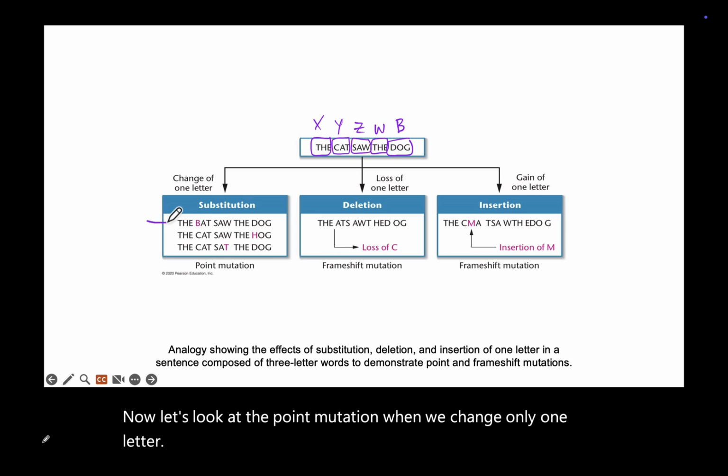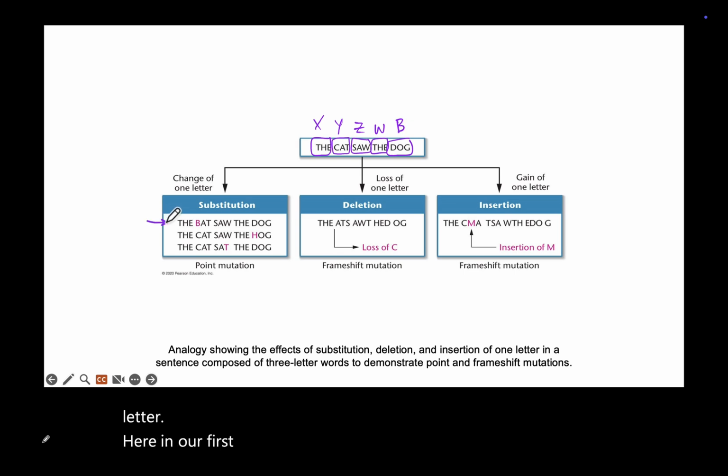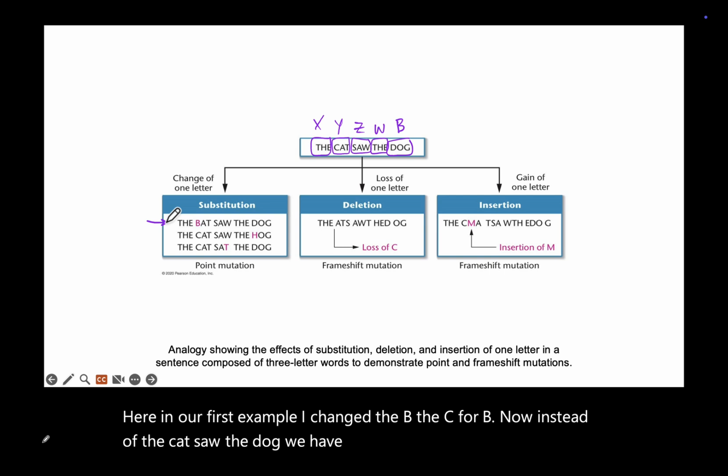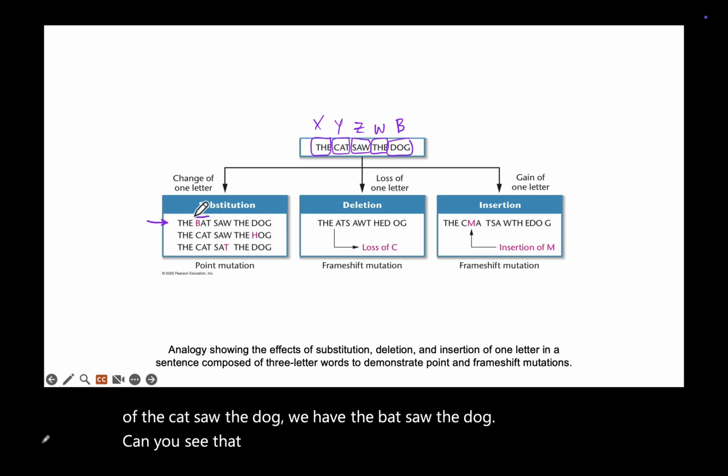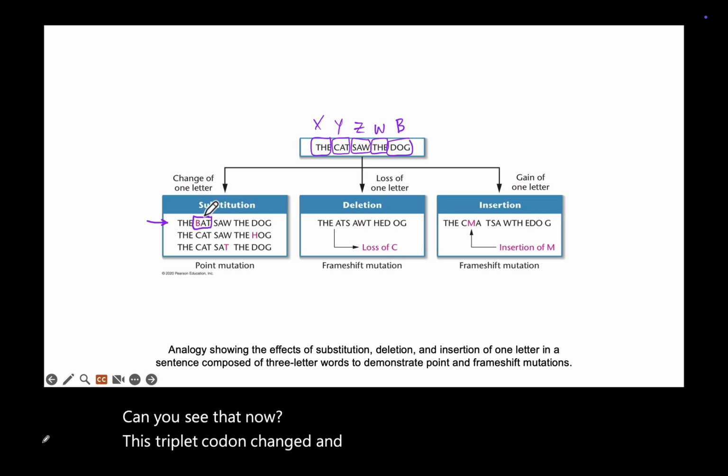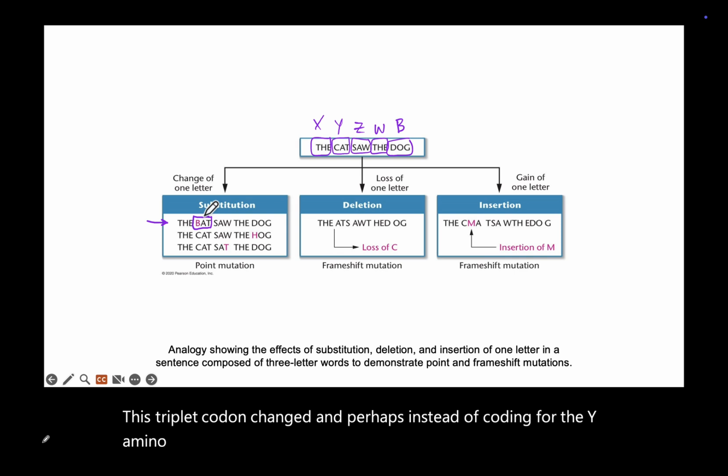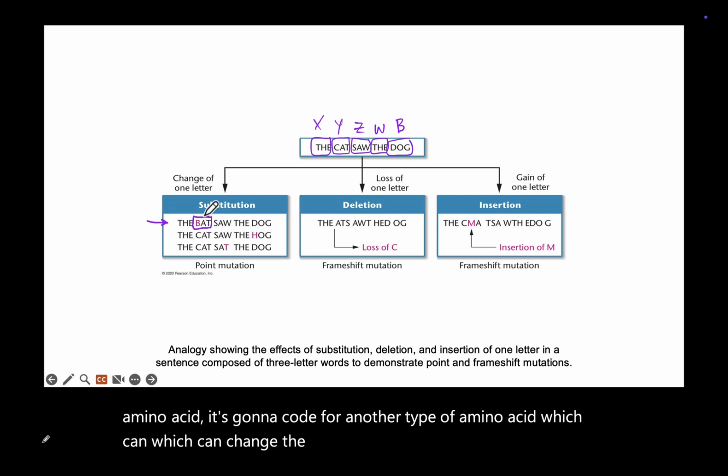Here in our first example, I changed the C for B. Now instead of the cat saw the dog, we have the bat saw the dog. Can you see that now this triplet codon changed, and perhaps instead of coding for the Y amino acid, it is going to code for another type of amino acid, which can change the whole protein structure.